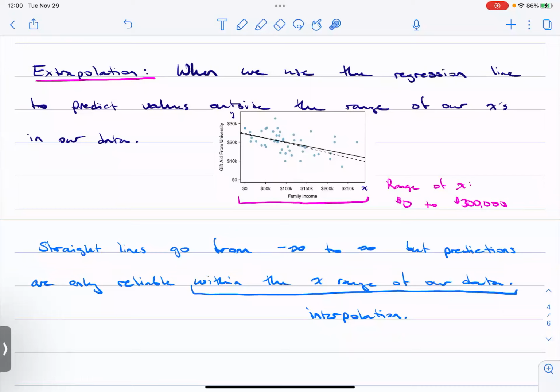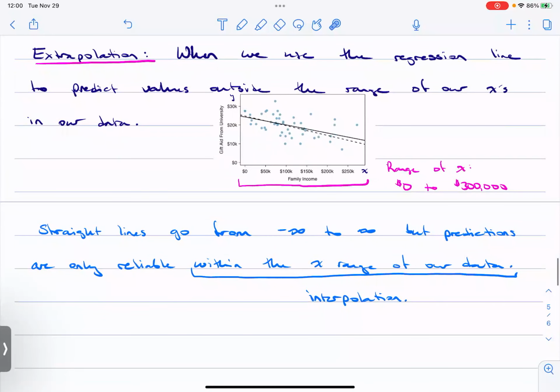You're not always going to be dealing with data where you have this intuitive idea of, whoa, I shouldn't use that. And so that's why we just label it extrapolation, and then proceed with caution. Maybe it is our best prediction. Sometimes we have to use it, but then we have to have a little asterisk that says this prediction is unreliable, because it's not from our data, or from the range of our x's.